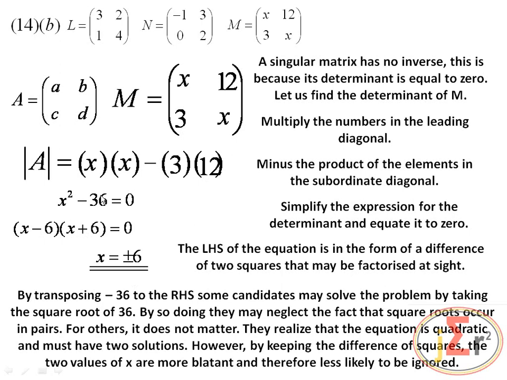While if we did this, it is not impossible for some student to transpose this and then maintain in their mind the cognizance that the square root occurs in pairs. It is not impossible. Some students may do that still, but factorizing the difference of two squares makes it more likely.